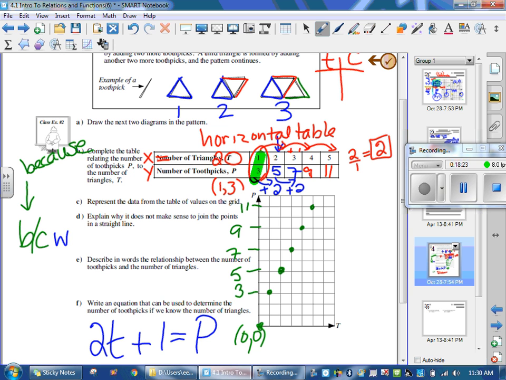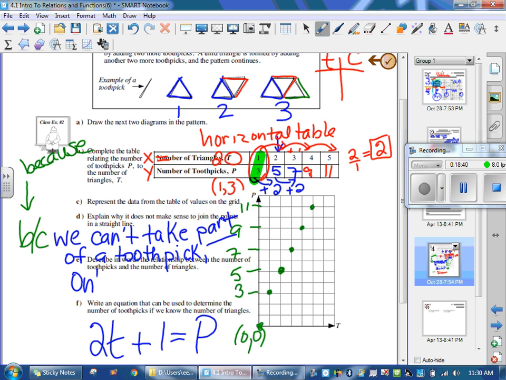Because we can't take part of a toothpick. Only whole toothpicks. That's what's going on. You cannot take parts of it, you can only have whole pieces.